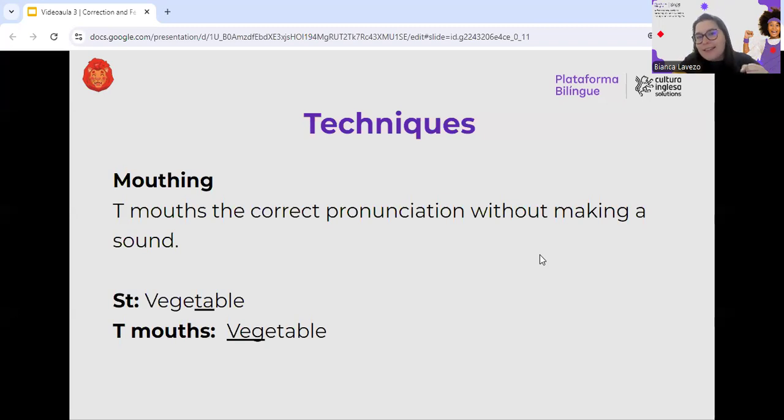And they understand it's vegetable, right? It's great for pronunciation, and it's great if you don't want to interfere in their conversation or when they're speaking. It's very distant in a way, but they get the idea, which is great. That's the focus, that teachers don't interrupt their speaking, right?